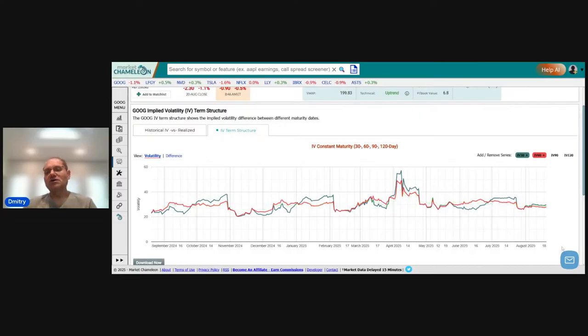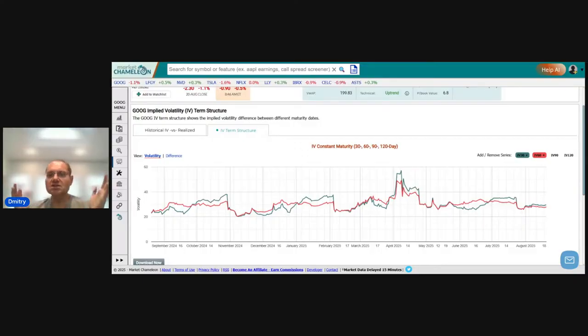So now we have a chart of the 30-day implied volatility and the 60-day implied volatility. And we could see over time how they changed and how they moved in relationship to each other. So you can tell that there's correlation where they'll go up together, down together, but it's not a straight correlation, one for one.